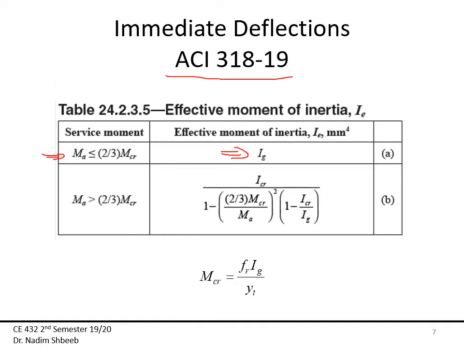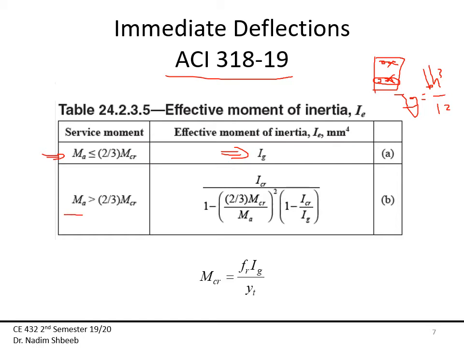If I have a rectangular cross section, my I gross is simply bh cubed over 12, and I ignore the steel that is present, even if I have steel here as well. It's just the gross moment of inertia of the section.